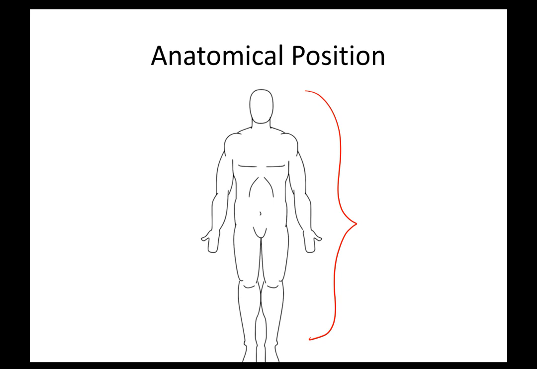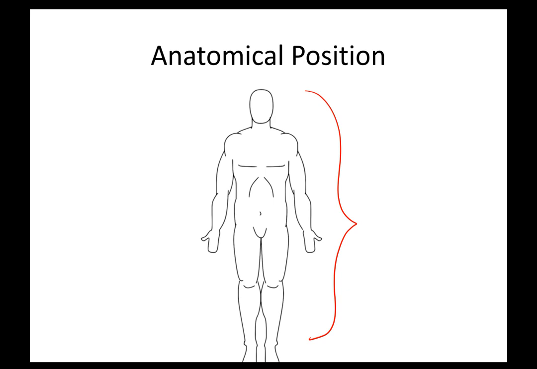So, when you've got a patient who's in an odd position, you always imagine that they're in this position. That way, when you use directional terms to talk about where injuries are or where you see sores or things like that, the doctor will know this is how they're imagining the patient in this position.